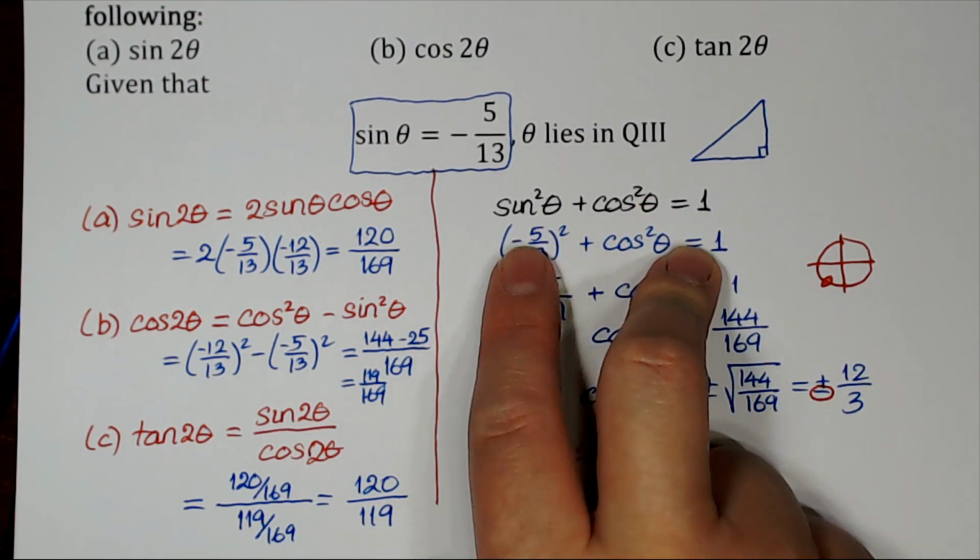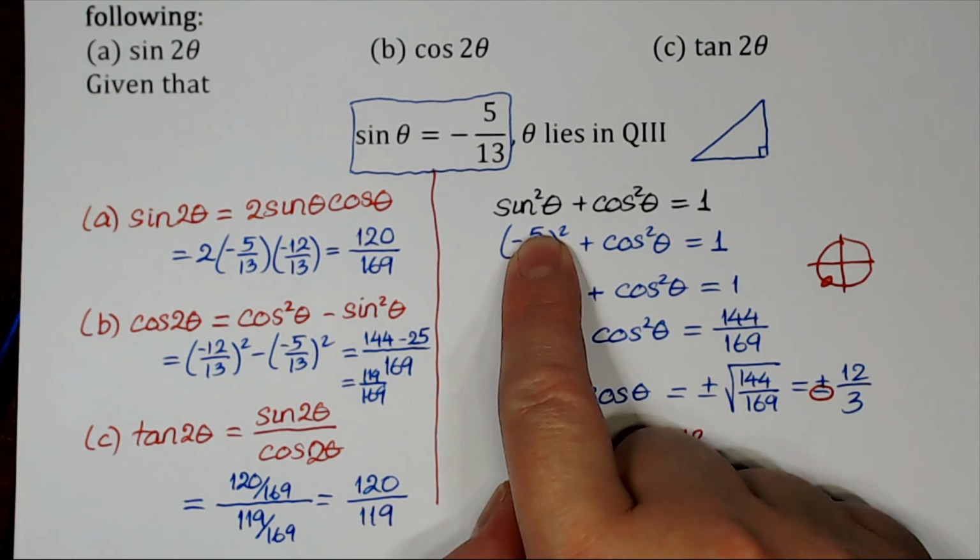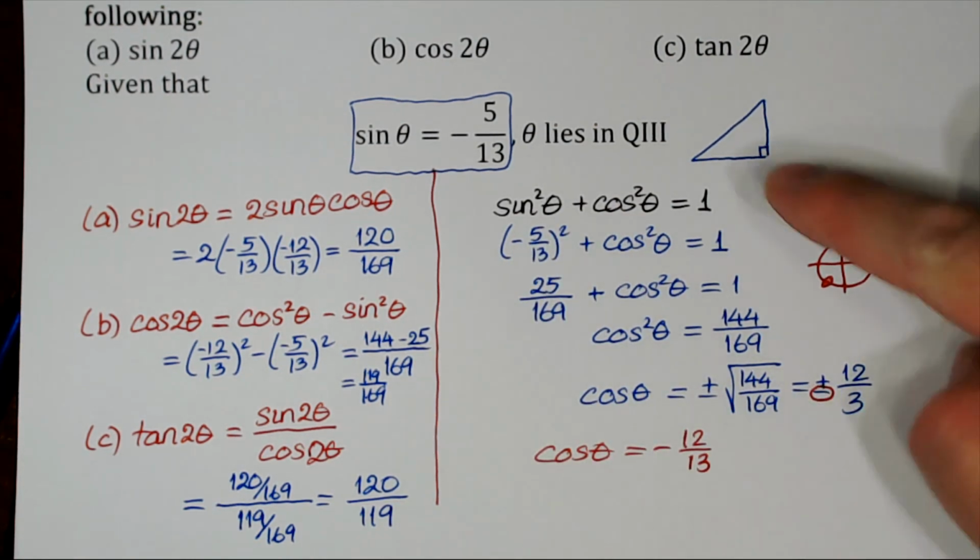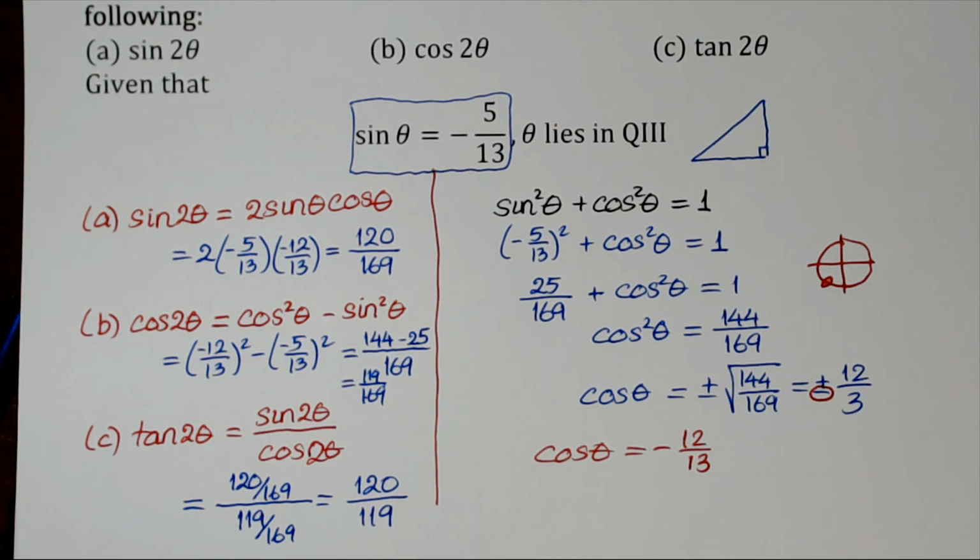Taking the square root on both sides, we should have cosine theta equal plus or minus the square root of 144 over 169, which is plus or minus 12 over 13. Right, then we just need to determine the quadrant. It is given that it is in quadrant 3. Now in quadrant 3, the x value is negative, the y value is negative, and the cosine will be negative. So we have cosine theta is negative 12 over 13.